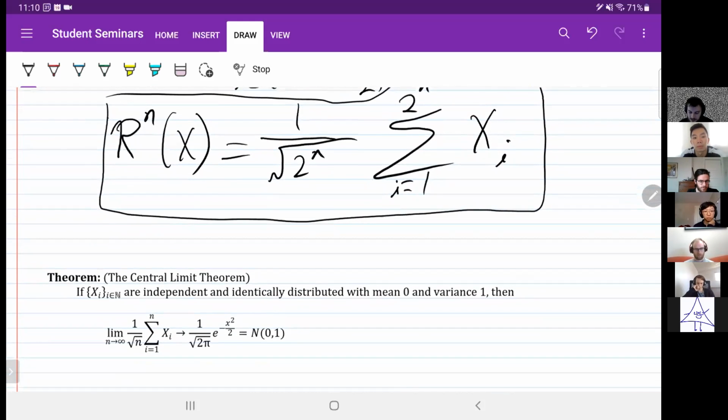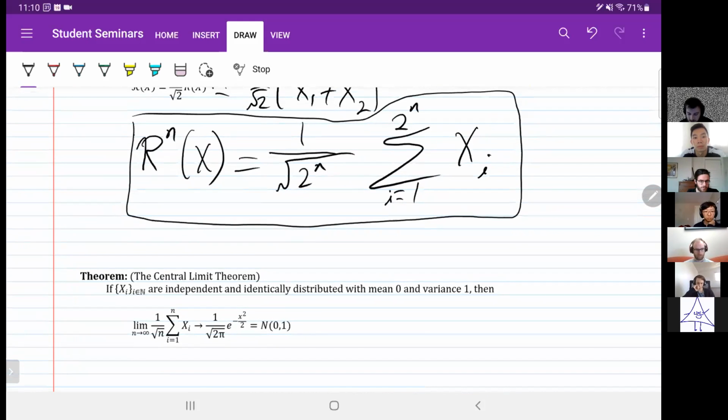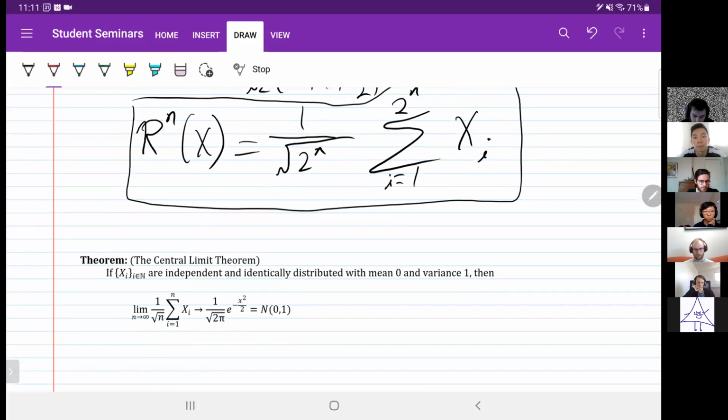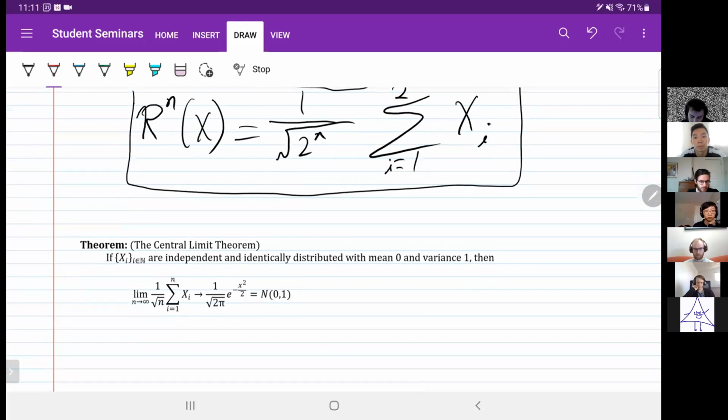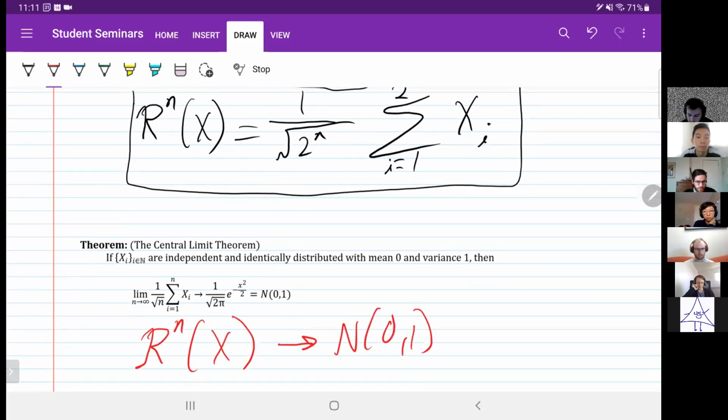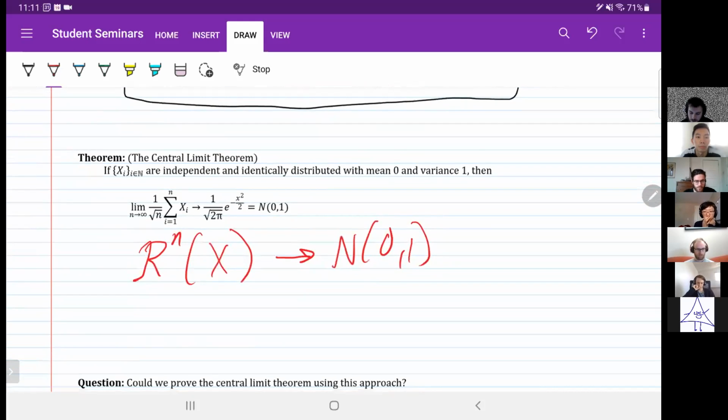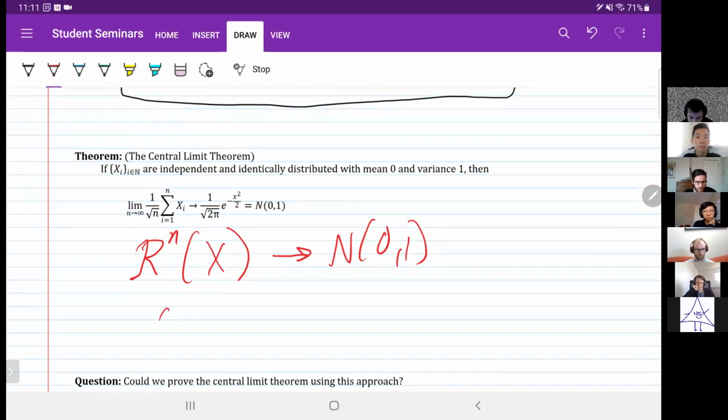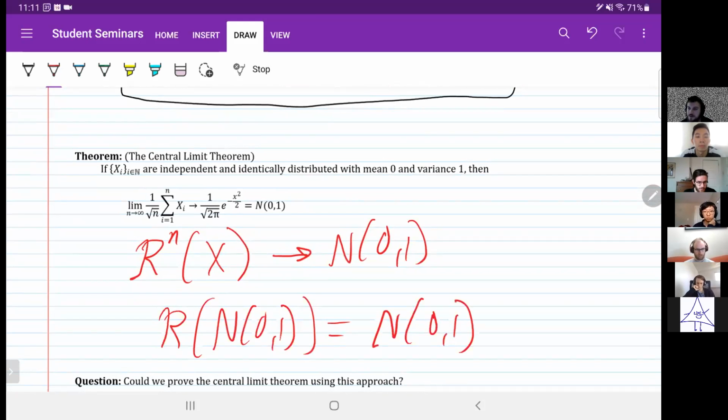So the central limit theorem tells us that sums of this sort ought to go to a normal distribution. And so in terms of what we've written, if instead of n, I take 2 to the n in this expression, this tells us that we should expect a certain limit behavior for this. R^n of x should go to a normal distribution. And even more than that, we can say that R applied to a normal distribution ought to be equal to a normal distribution, because it shouldn't move away from itself.